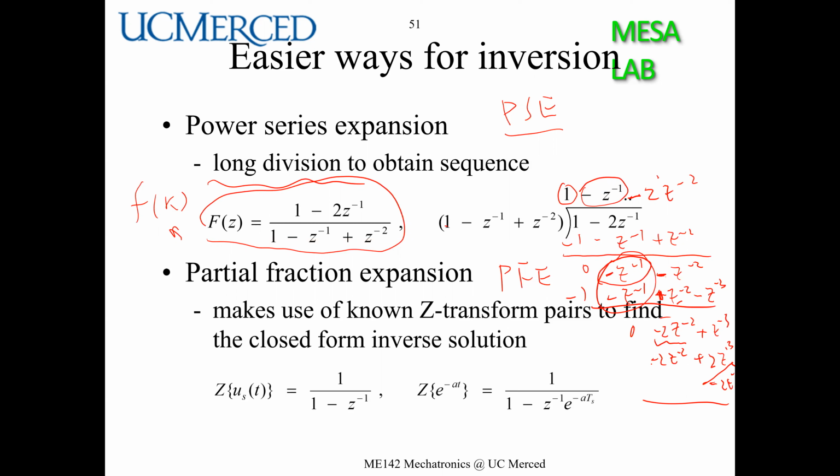Then you do this one minus, it is 0. This guy minus this guy is going to be minus z^-3, because 1 minus 2 is minus 1. Here 0 minus 2 is plus 2z^-4. So this is minus 1, z^-3. So you keep doing this.